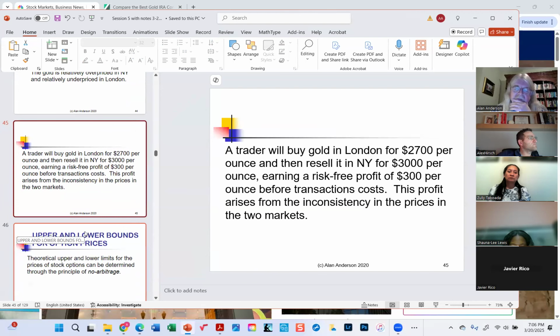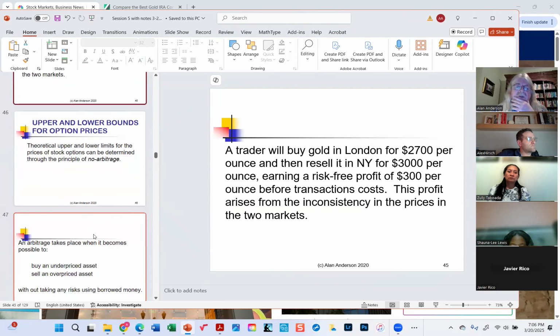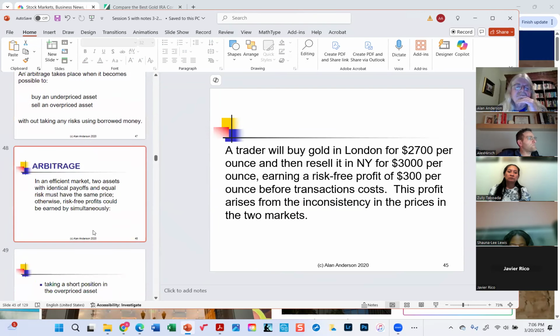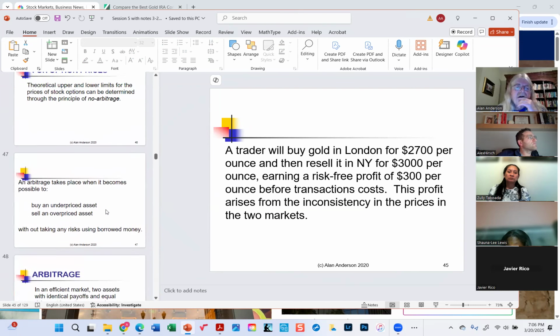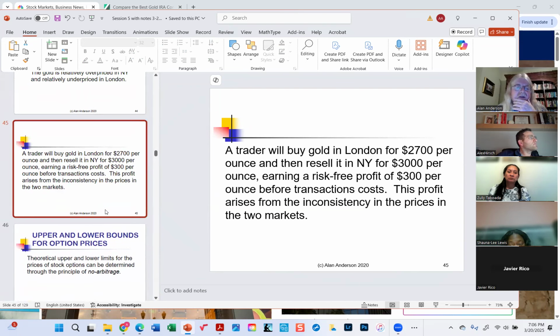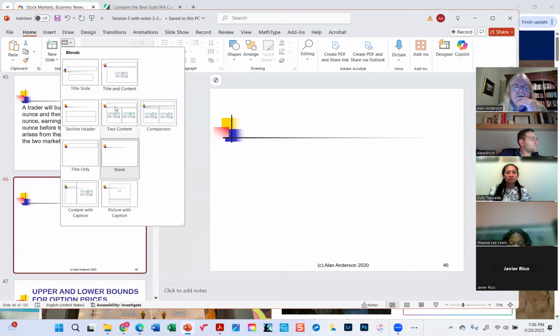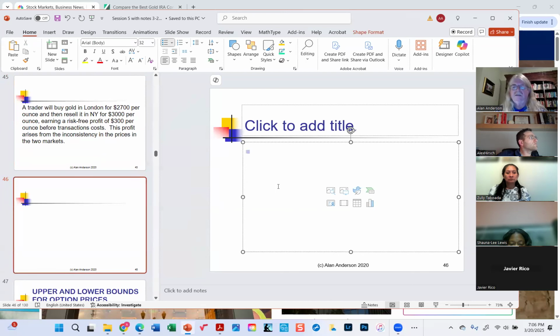So now in what we're doing here, we're going to apply it slightly differently. We're going to assume with what we're doing here that arbitrage, well, first we'll say arbitrage can be applied in many different ways.